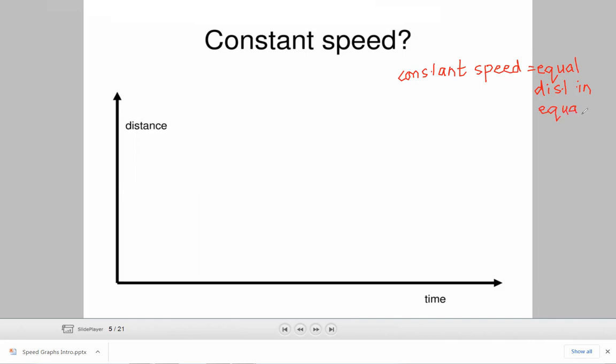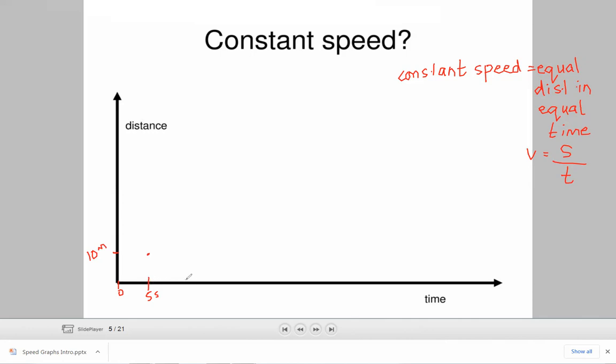Okay, equal distance s in equal time t. This is what constant speed means. So that means, let's suppose we start from 0 and I say that during the first 5 seconds, my car covers a distance of 10 meters.